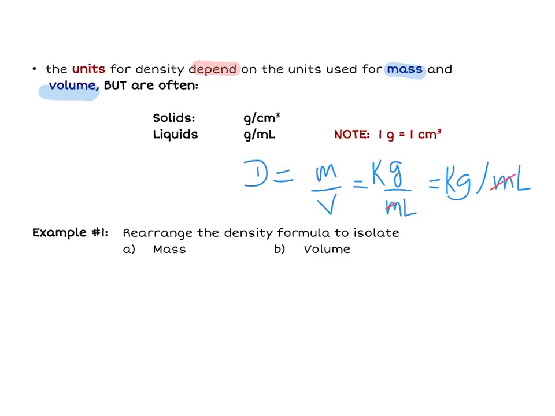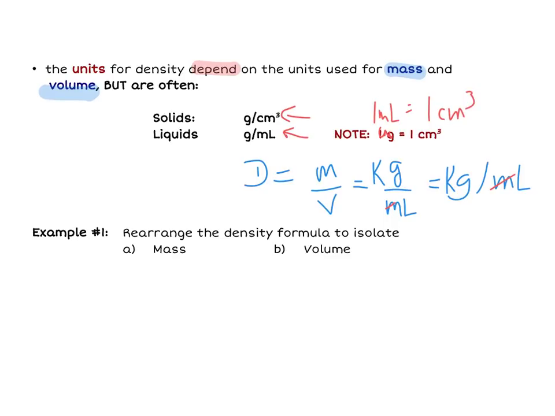And you will find that often with solids, instead of using milliliters, which tends to be a measurement of fluids, we'll use cubic centimeters for solids, and usually milliliters is the unit that we would use to measure the volume of a liquid. But it is important to know that 1 gram is equal. No, that is not right. 1 gram is not equal to a cubic centimeter. It's 1 milliliter. So let's just fix that. That should be 1 milliliter is equal to 1 cubic centimeter.